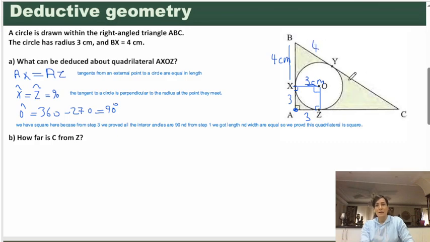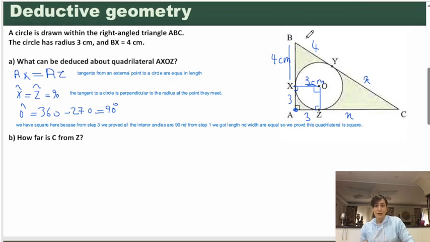We don't have the length of YC and CZ. And again, we know the tangents from the external point to a circle are equal in length. So I get X here and this one X as well. So I will find the value of X. I use Pythagoras theorem because we are in the right triangle.